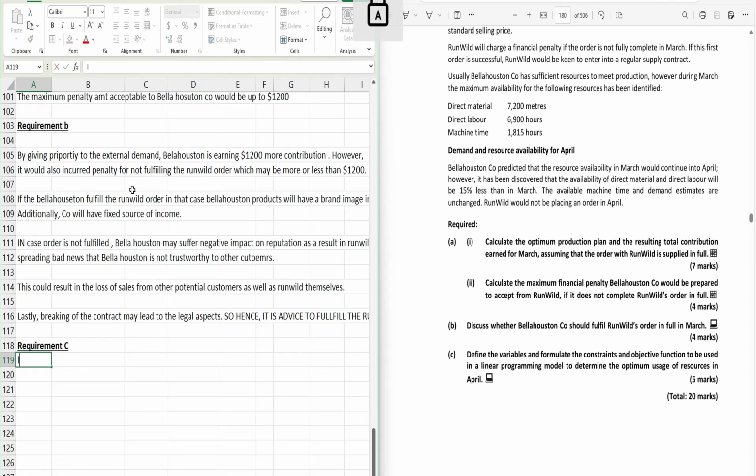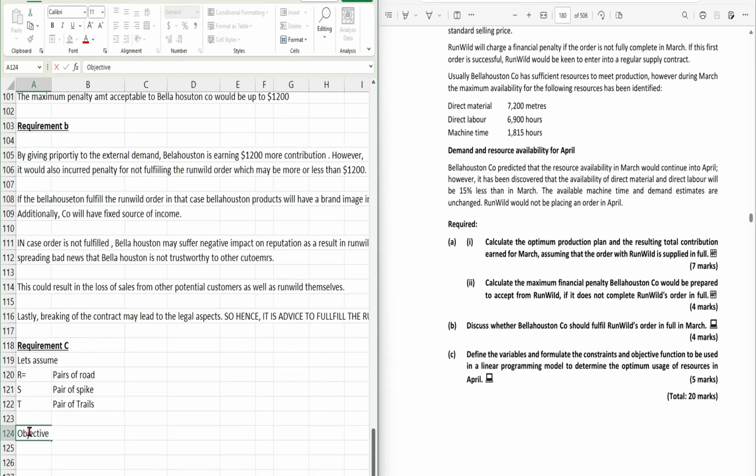So let's assume R equals the number of pairs of road shoes, S pairs of spike, and T pairs of trails. Okay, and what is the objective function?